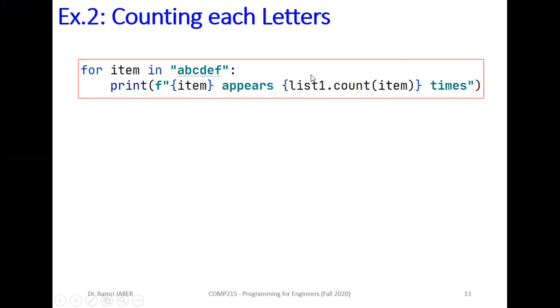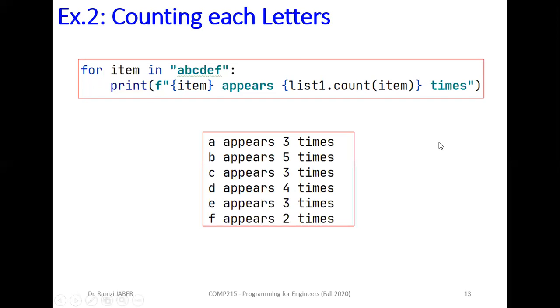It appears using another list method, which is count. list1 dot count item. So count A: this built-in function count will count how many A's are in the list. So the output will be like this. The first item will be A, appears 3 times.